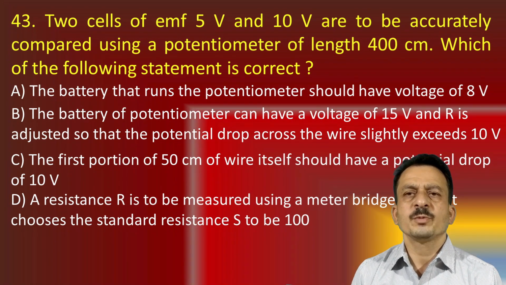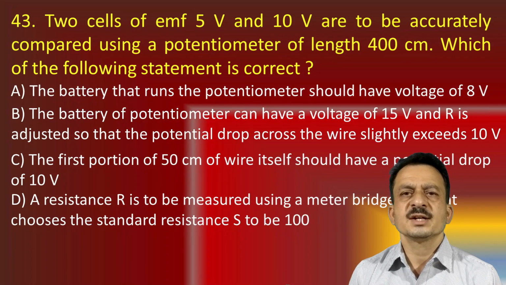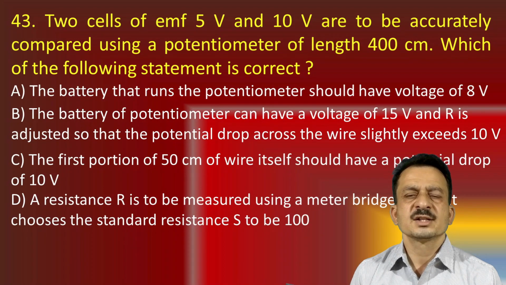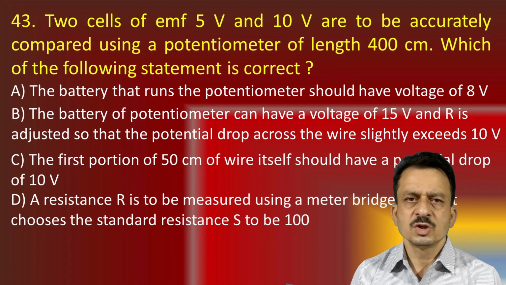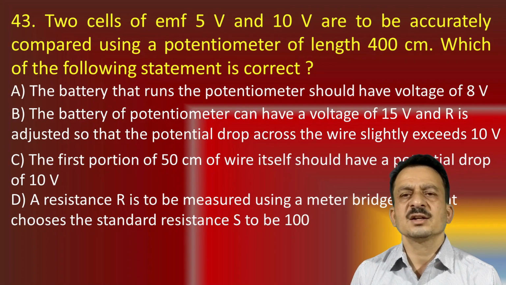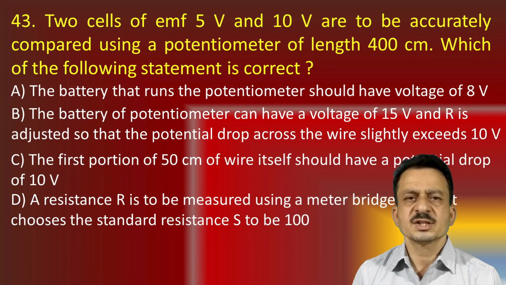B. The battery of the potentiometer can have a voltage of 15 volts and R is adjusted so that the potential drop across the wire slightly exceeds 10 volts. C. The first portion of 50 centimeters of the wire itself should have a potential drop of 10 volts. D. A resistance R is to be measured using a meter bridge. The student chooses the standard resistance S to be 100.